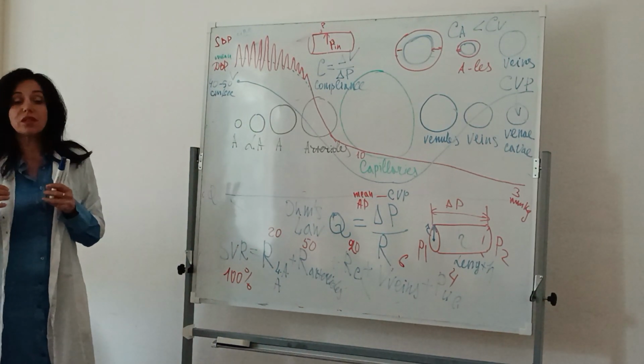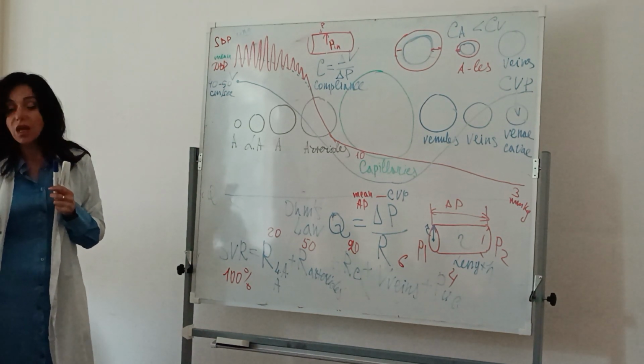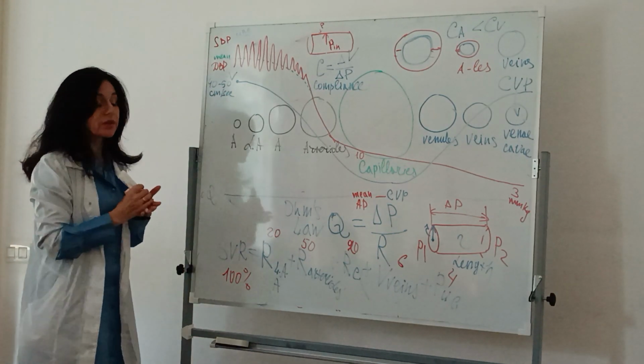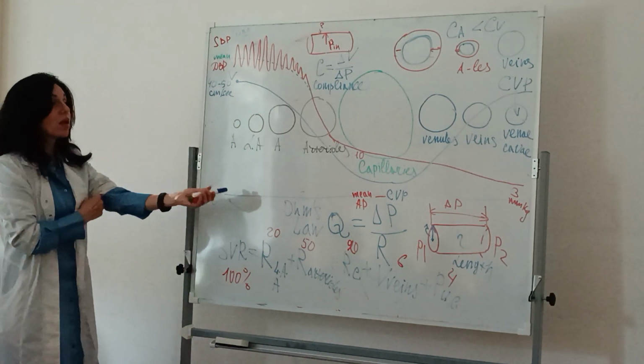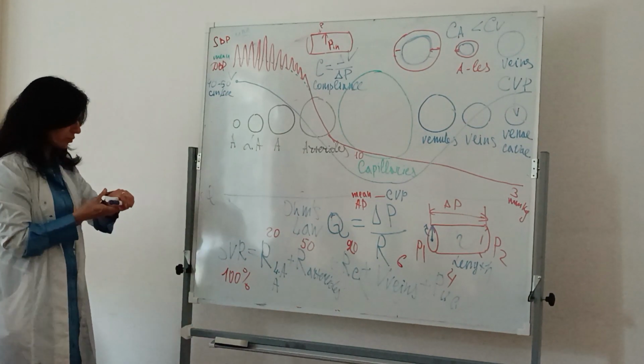And this smooth muscle also has innervation, and the sympathetic nervous system can increase the tone of the veins, the venous blood vessels, but not as effectively as arterial.